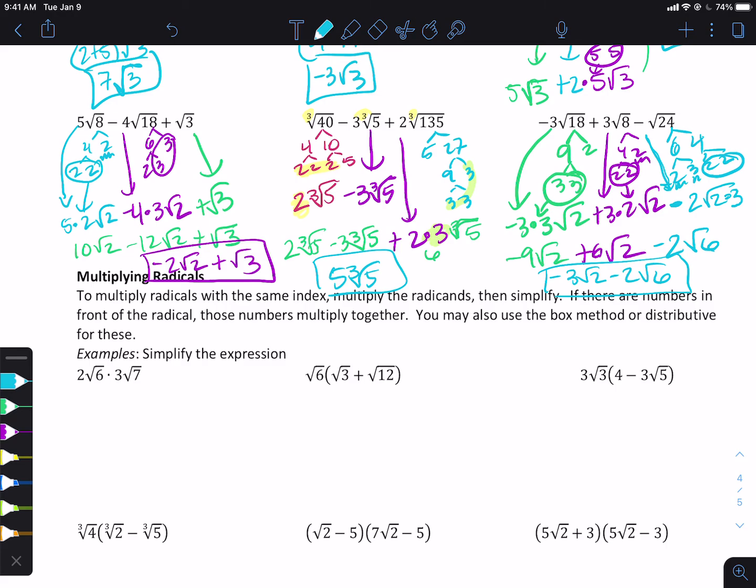Okay? So that's why these two are not added together, because the radicand is different. Okay? So that's how we add and subtract our radicals, by finding our like radicals or our common terms by breaking down the radicals.